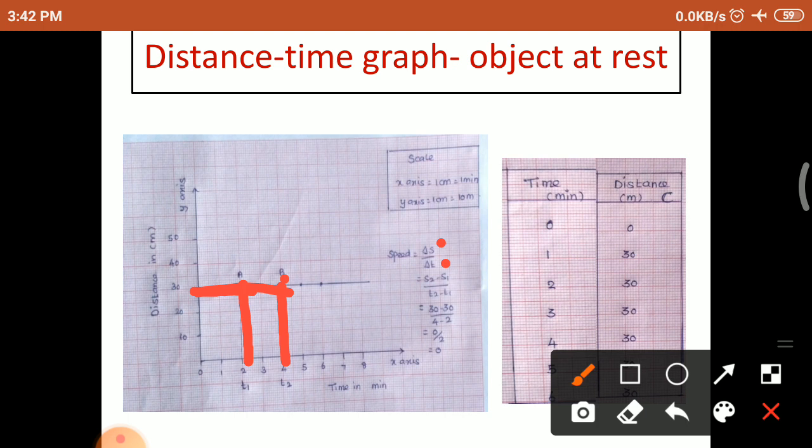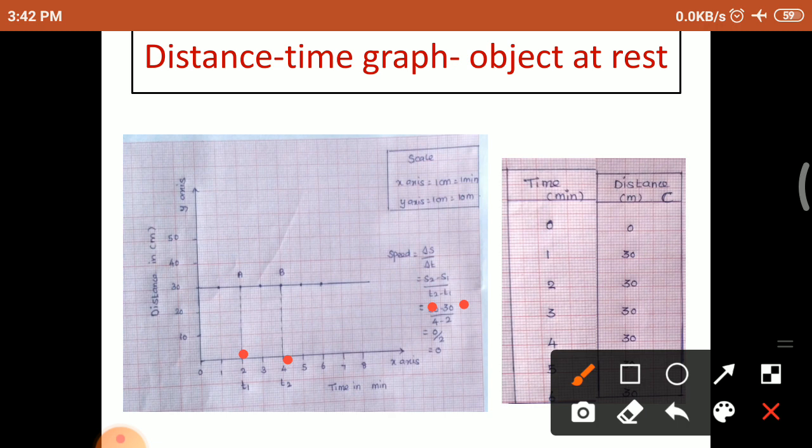The values of S2 and S1 are the same point, that is 30. So 30 minus 30. And the value of T2 is 4 and T1 is 2. So 4 minus 2. 30 minus 30 is 0. 4 minus 2 is 2.